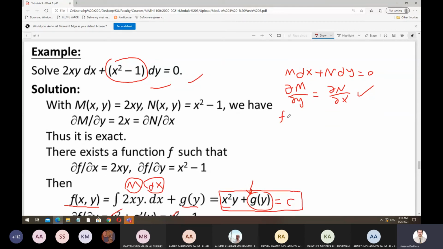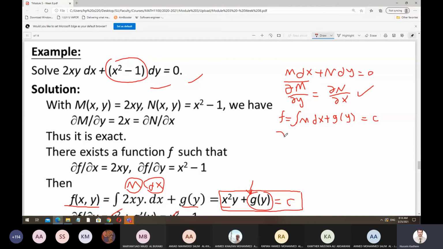The function f equals the integration of M dx, the first part here, plus g of y equal c. The result should be equal c.